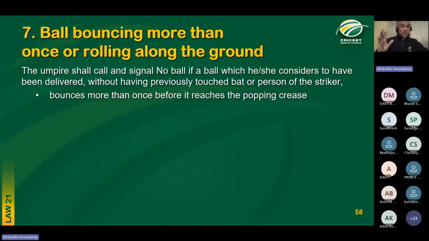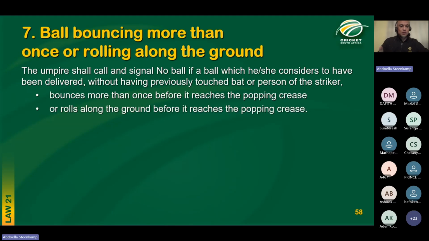The law only wants the ball to bounce once. If it bounces more than once before reaching the popping crease, either umpire to call and signal no ball. Although the striker's end umpire is in the best position to call this, either umpire can call it. But emphasis here on ball bouncing more than once. If it bounces more than once before the popping crease, call and signal no ball.